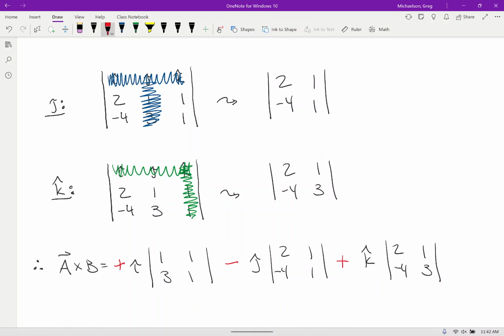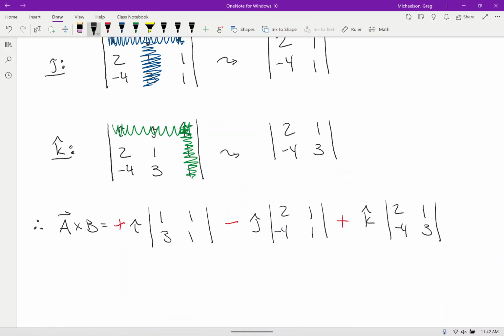So you can say, all right, I times what? So how do we do this? Well, it's 1 times 1 minus 1 times 3. Here, I'll just write it out because I think that might be easier.